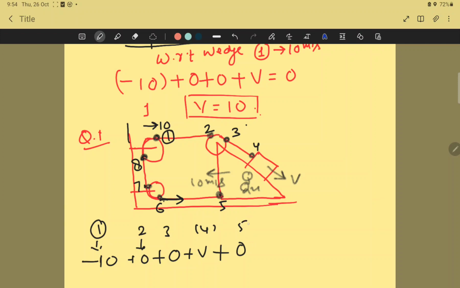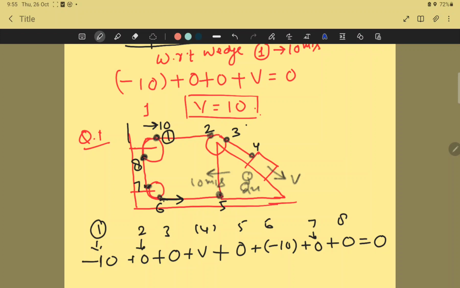So point 6 would be minus 10 because it's moving towards it. Points 7 and 8, it is not moving towards it, it will be just parallel to each other. We can say it will be 0 and 0.